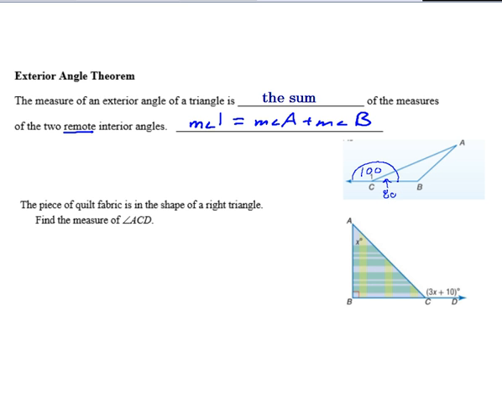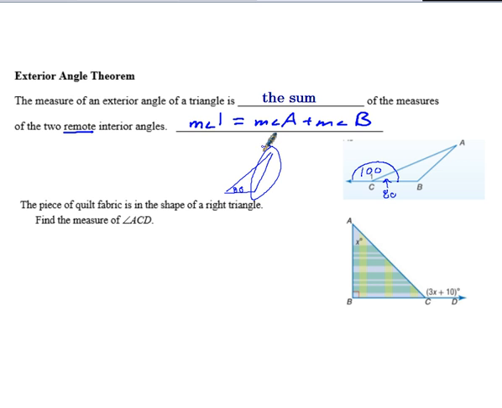So now pretend that if I just gave you this triangle instead, so like if I remove this part right here, if I kind of take that away, and I'm just left with this triangle, and I said, hey, this angle right here equals 80 degrees, what can you tell me about these two angles?